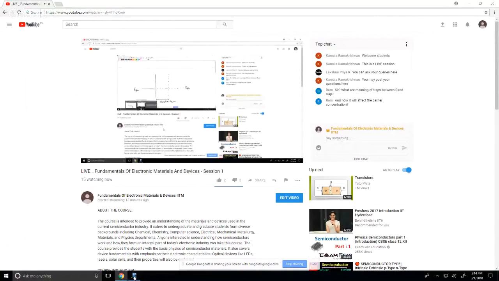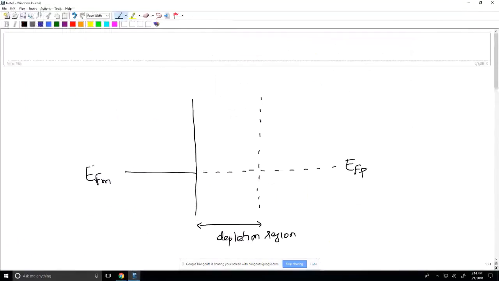So again, this is the metal on the left, your p-type semiconductor on the right. We said that there is a depletion region that is formed because you have holes from the semiconductor moving to the metal. This creates a net negative charge on the semiconductor side and a net positive charge on the metal side, and there is an electric field that goes from positive to negative.